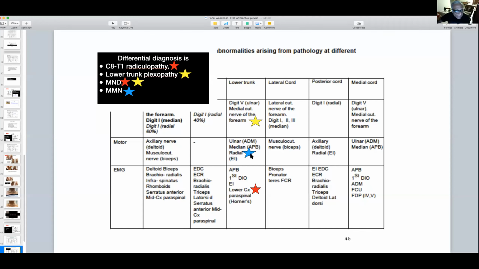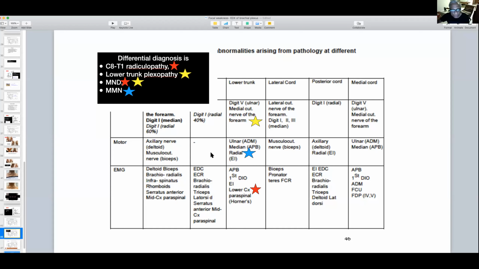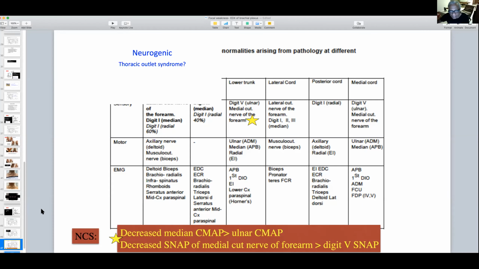Okay, and the answers for the electrodiagnosis: first of all, we did find a decreased SNAP of both the digit 5 sensory potential as well as the medial cutaneous nerve of the forearm. But more interestingly, the medial cutaneous nerve of the forearm was completely gone while digit 5 was only reduced. Clinically, the same thing also, right? Remember, she said there was mild numbness in digit 5, but a 70%, 30% reduction in the medial aspect of the forearm.